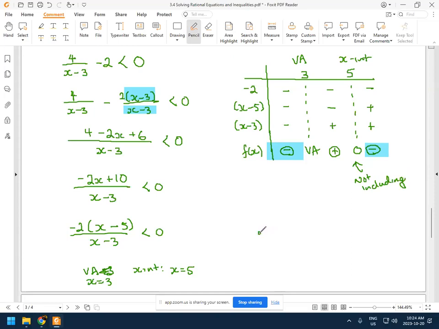So therefore, 4 over x minus 3 is less than 2 when x belongs to negative infinity to 3, not including, union 5, not including, all the way to positive infinity.